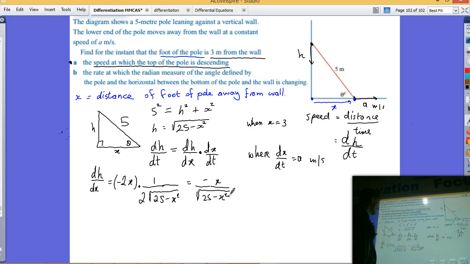Okay, so what is now this rate at the instant that the foot of the pole is at 3 meters?